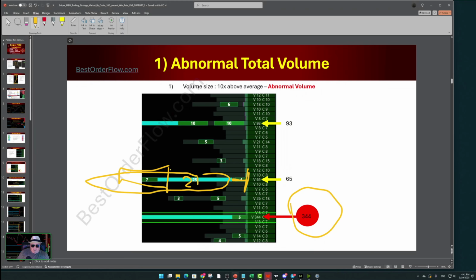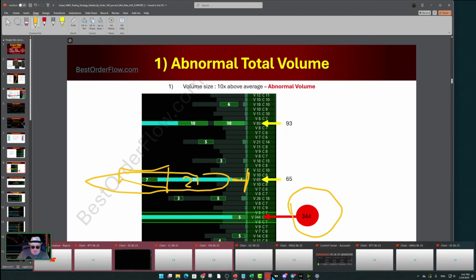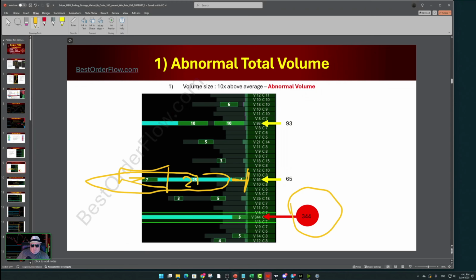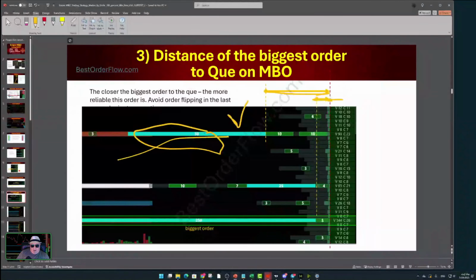Because we don't want to get into the flipping situation, when the order is sitting there and then they just flip out one tick before the price actually reaches. If the price is reaching and somebody large like this flips out and moves away, then I'm going to stop my order. I'm just going to stop it.